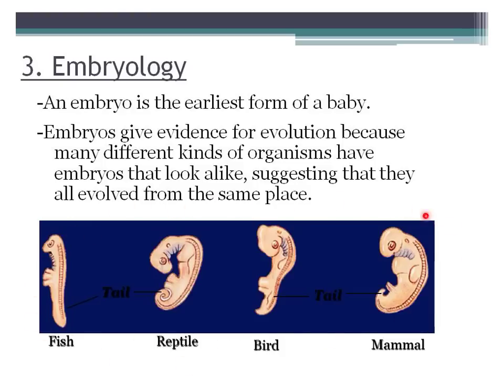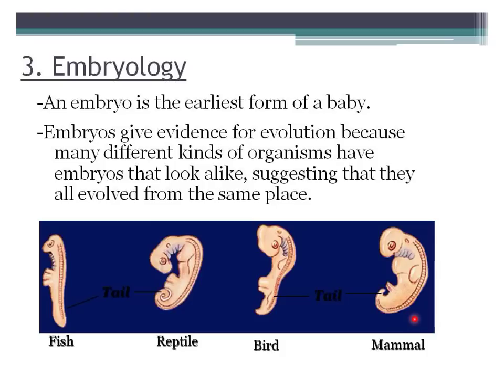So because we look similar at the embryonic stage, when we are growing, we can then say that all of these species came from a common ancestor, which is why we all look very similar at the earliest stages. But as we get older and begin to develop, we begin to differentiate into the 4 different species. But at the earliest stages of development, we see that we are all similar, suggesting that we all came from a common ancestor and then diverged into different species.